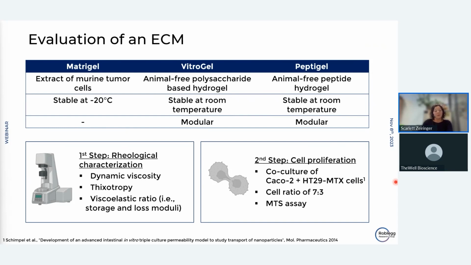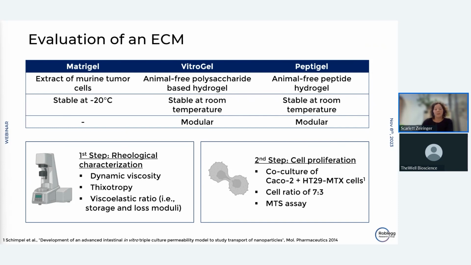In the first step, we characterized all 3 gels with regards to their rheological properties. The studies were performed with a dynamic viscosimeter. All gels were studied with regards to their dynamic viscosity, the thixotropy, and the viscoelastic ratio.